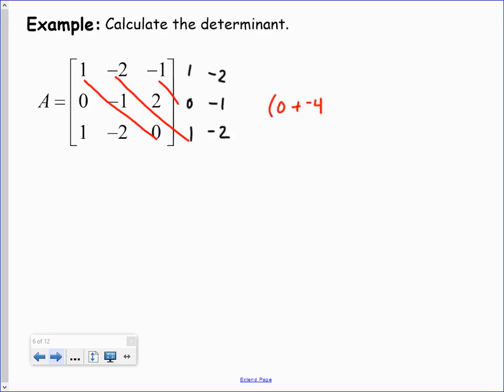And -1 times 0 times -2 is 0. Another thing that some people will do to keep track of their diagonals, so they can go back and check their work, is write the product right at the end of the diagonal. So 1 times -1 times 0 is 0. -2 times 2 times 1 is -4. And -1 times 0 times -2 is 0. And then you're adding those up.